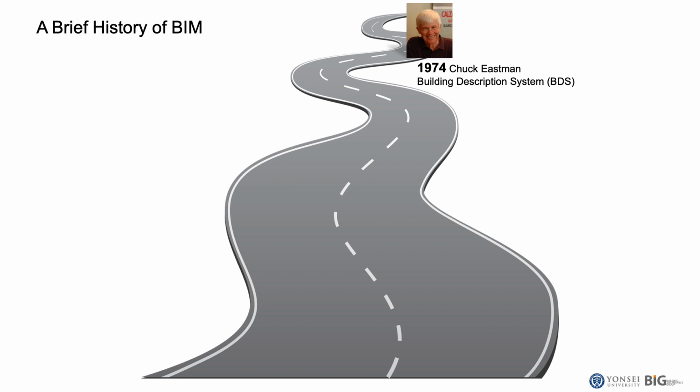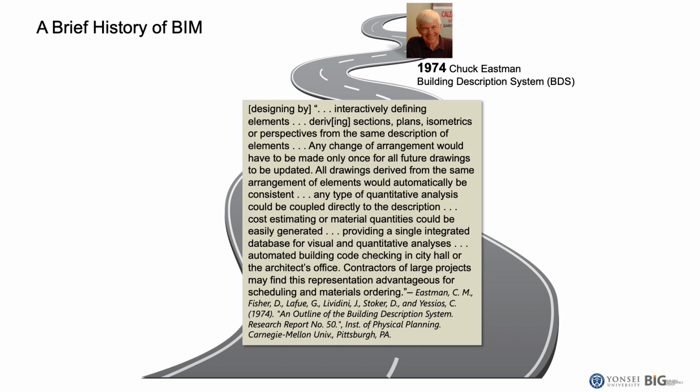In 1974, Professor Eastman defined a system called Building Description System, BDS, and developed a prototype. He said that BDS can derive sections, plans, isometrics, or perspectives from the same description of elements, and any change of arrangements would have to be made only once for all future drawings to be updated.